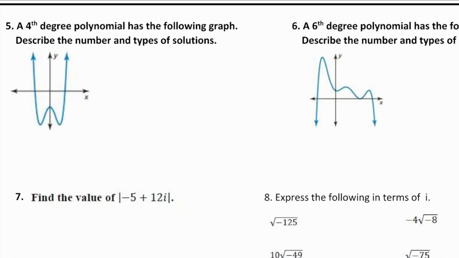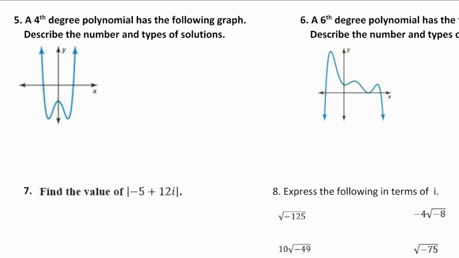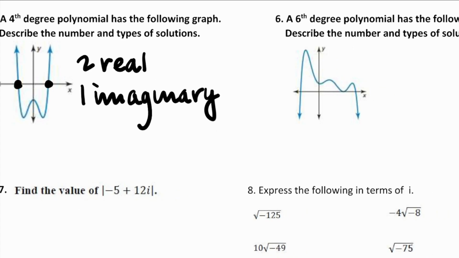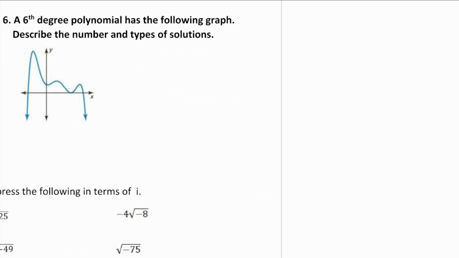A fourth degree polynomial has this graph, describe the number and types of solutions. Well, it's got 2 real roots right here, and it's going to have 2 imaginary roots, and they are going to be conjugate pairs. Sixth degree polynomial. I've got 1 single root, 1 double root, and a second single root, so that's a total of 4 roots.